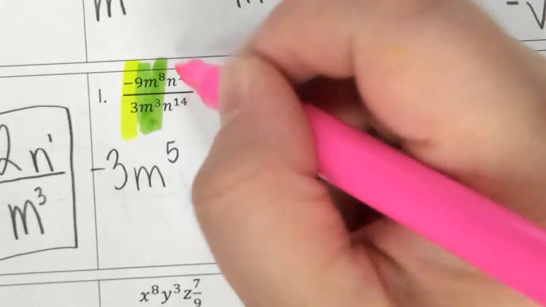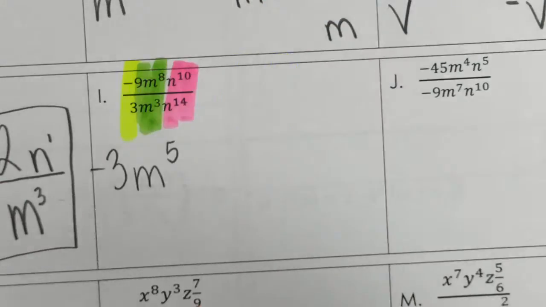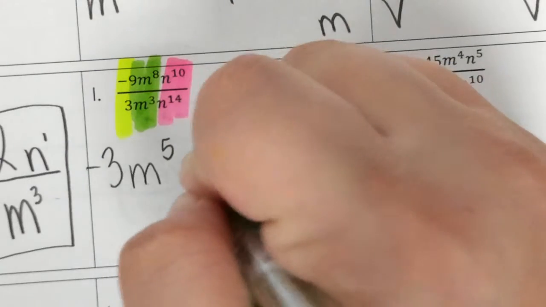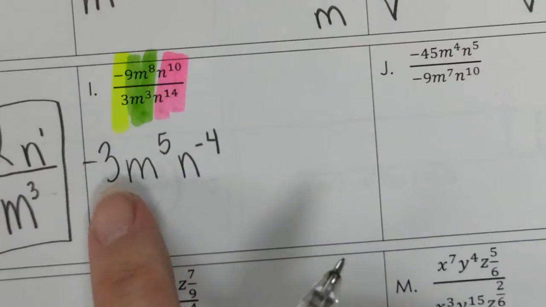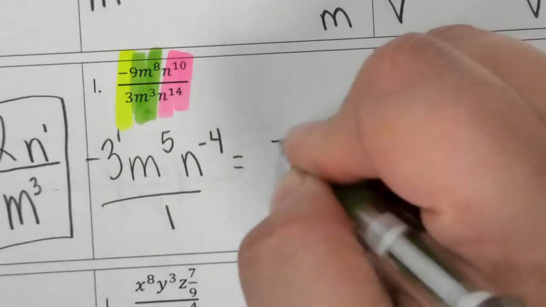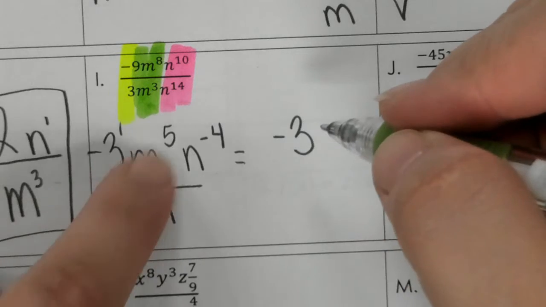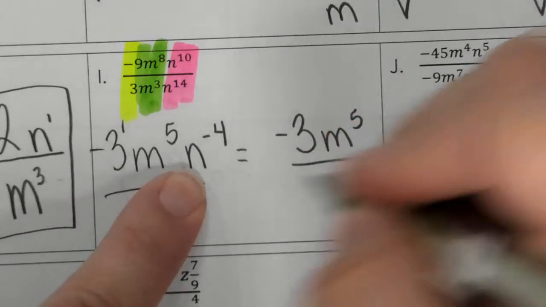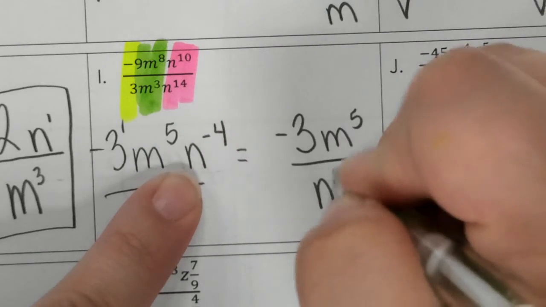And then for the n, we have 10 minus 14, and that gives you negative 4. So the negative 3 is a positive exponent of 1. So I will leave it at the top. M has a positive 5, so I will leave it at the top. N has a negative exponent that I'll bring to the bottom.